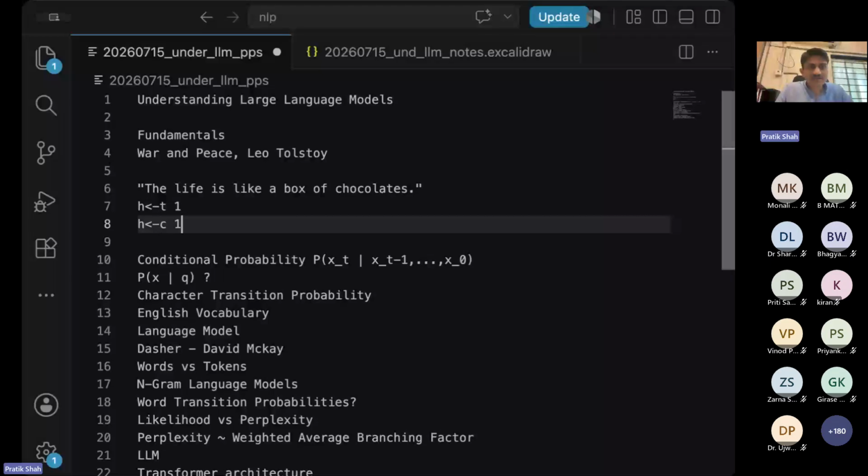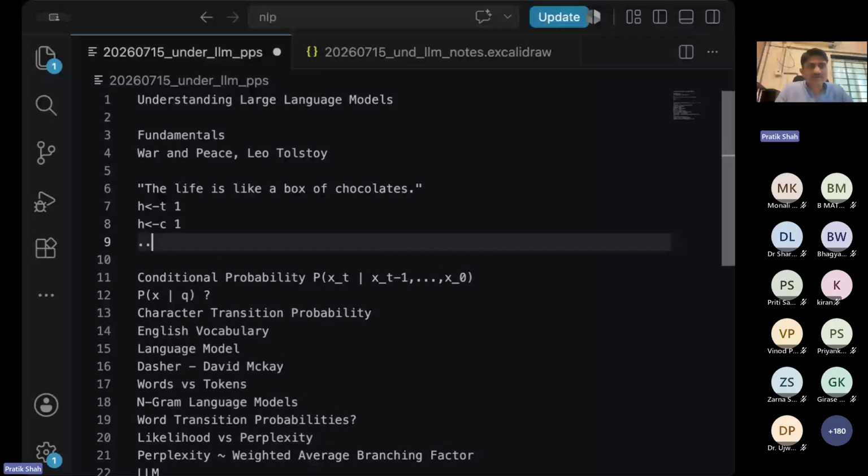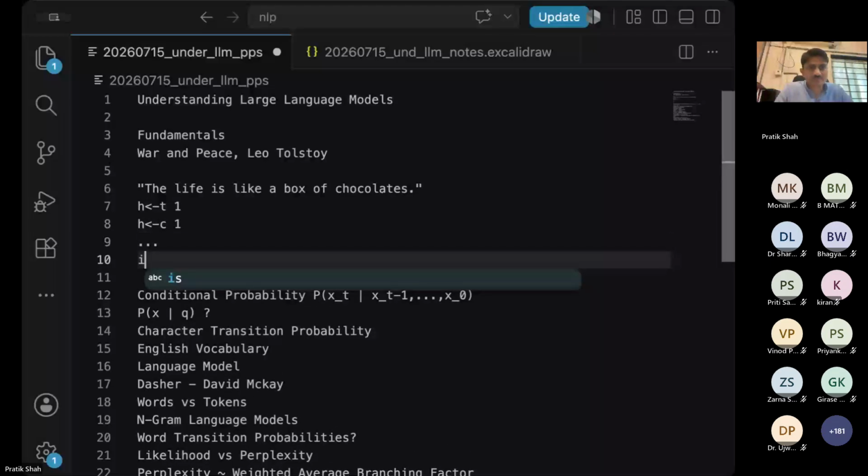Similarly, I after L twice. If I try to figure out all the pairs of characters from this sentence and prepare a table which says how many times a particular alphabet follows a particular alphabet.